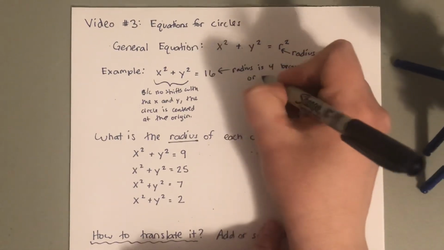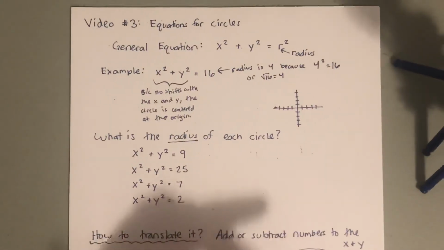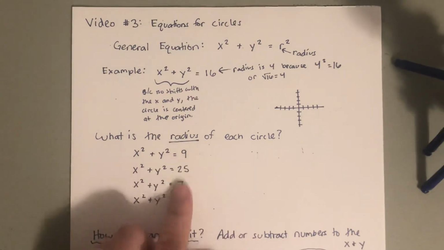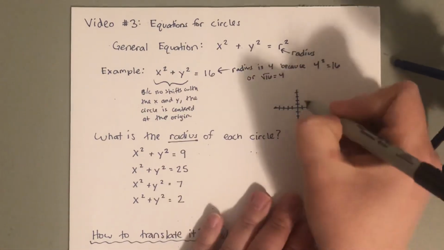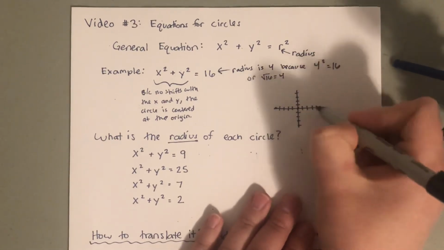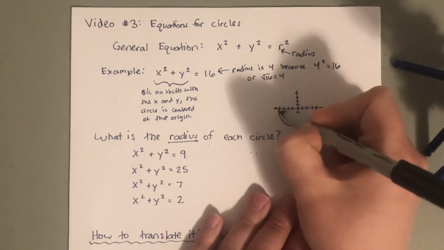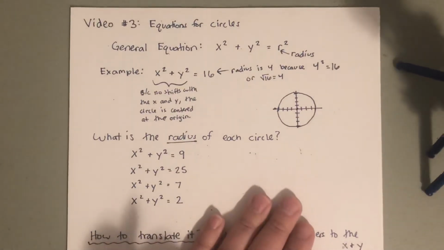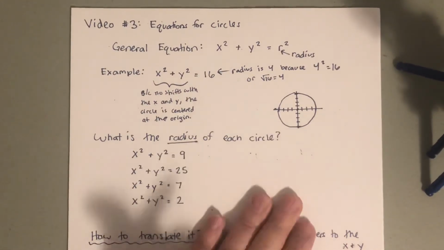Or you could think of it as the square root of 16 equals 4. Either way, it tells you that the radius is 4. So let's graph that. It would be centered at the origin, and if the radius is 4, it's going to go out to 4 on all the sides.